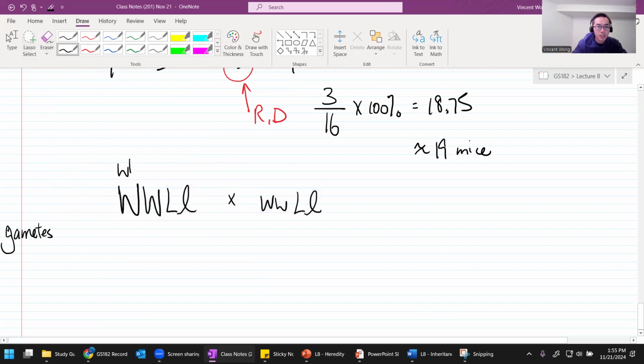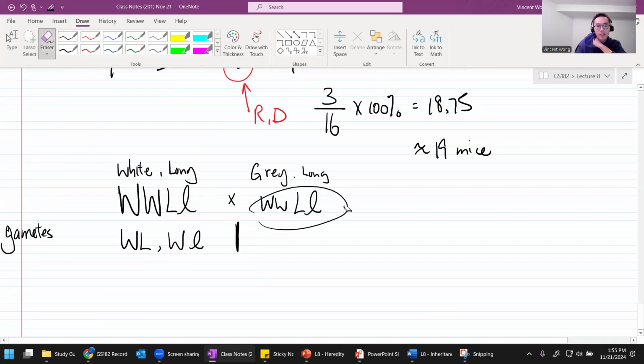Of course, this is white long, and this is gray long. What kind of gametes will this mouse produce? Well, there are only two kinds: big W big L, and big W small l. We use a bar to separate them.